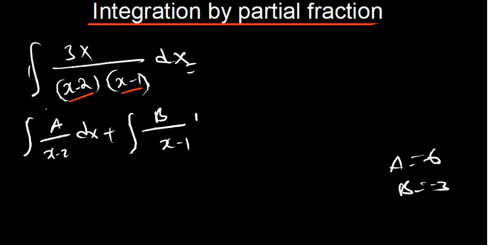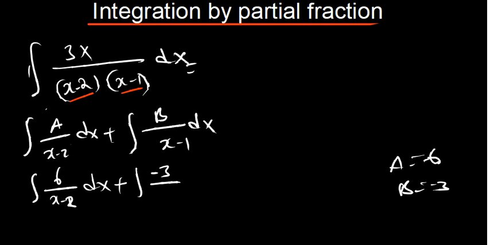So here, let's not forget to say we have dx. So we're going to have the integral, the value of a is 6, so 6 over x minus 2 dx, plus the integral of b, which is negative 3, so negative 3 over x minus 1 dx. Okay, cool. Let's go ahead and integrate now.